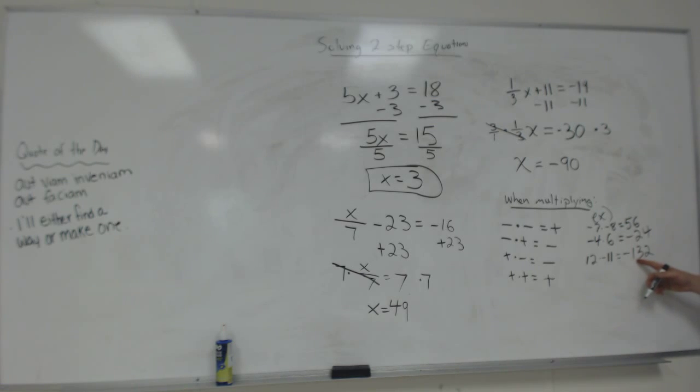And this is just 12 less than 144, or 12 more than 120. Or you can just try to memorize. 12 times 11 is 132. Alright, and a positive times a positive, let's say I had 11 times 7. What would that be? 77. Make sure that's all in your notes.